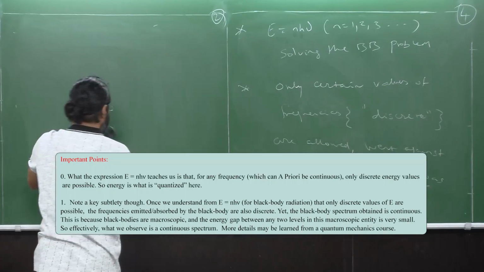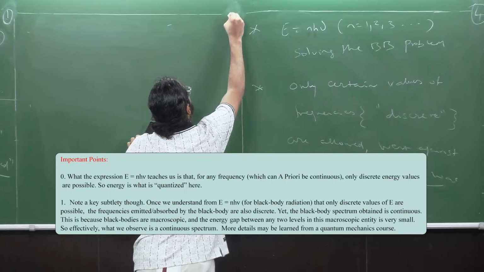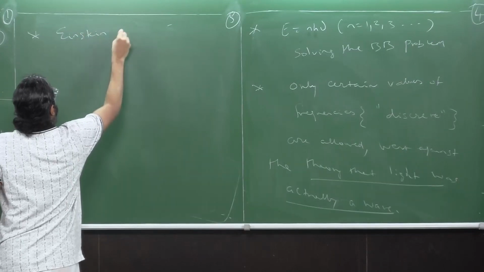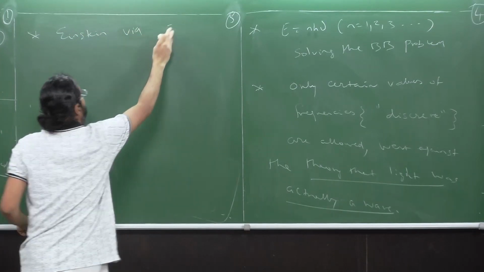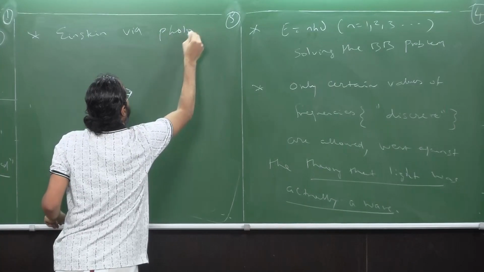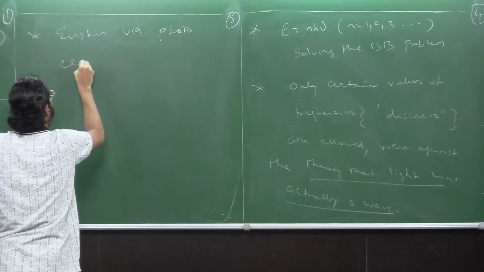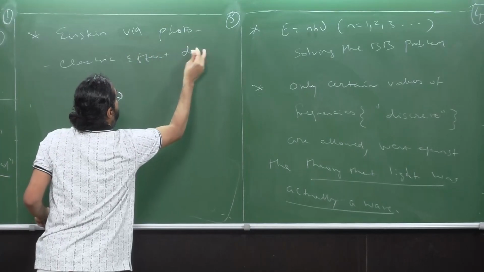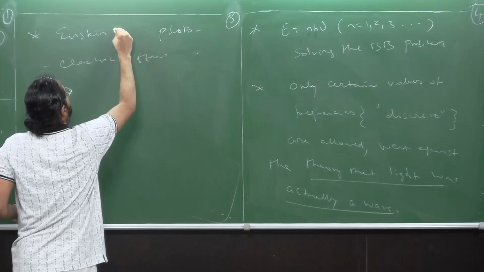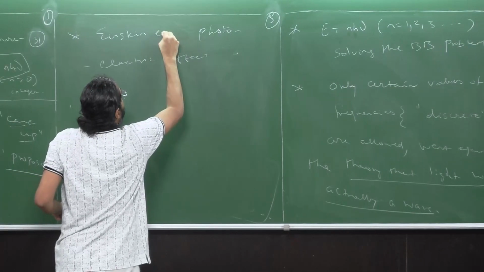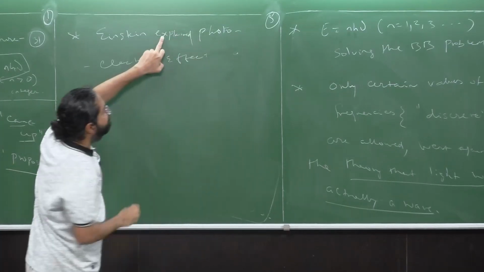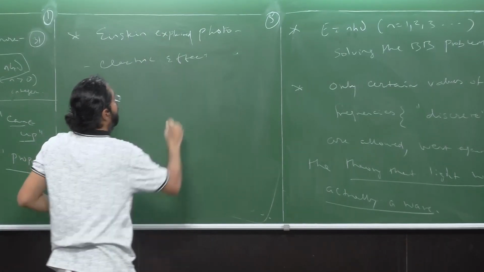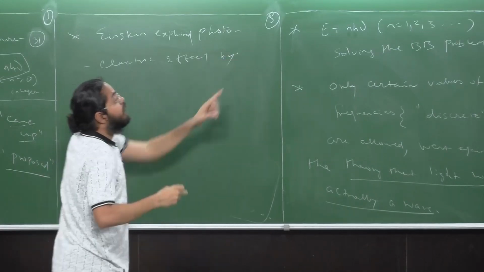That is when Einstein came along, and from among the several amazing things that he did, Einstein explained the photoelectric effect by an interpretation of this equation.